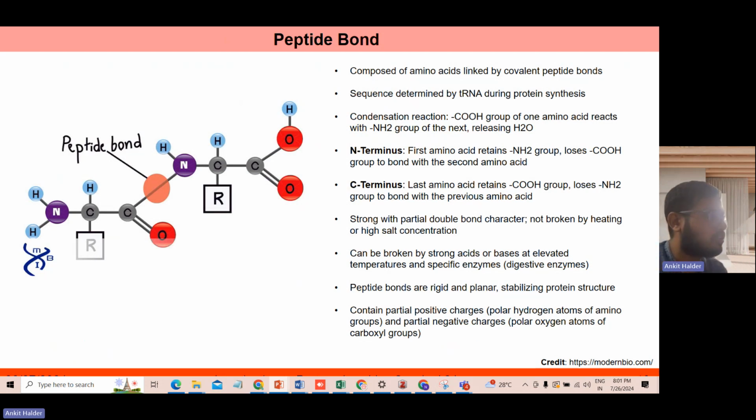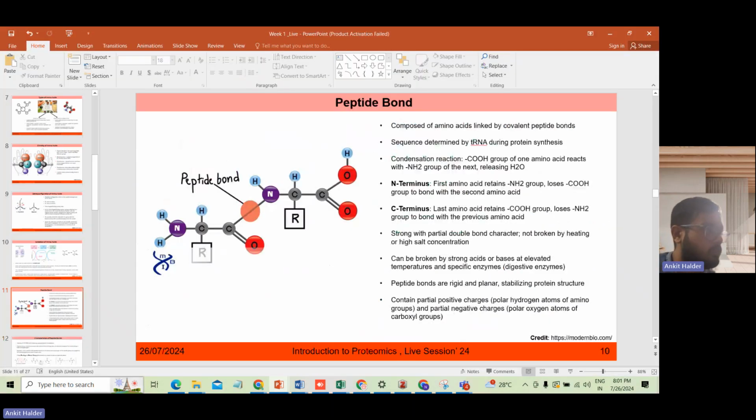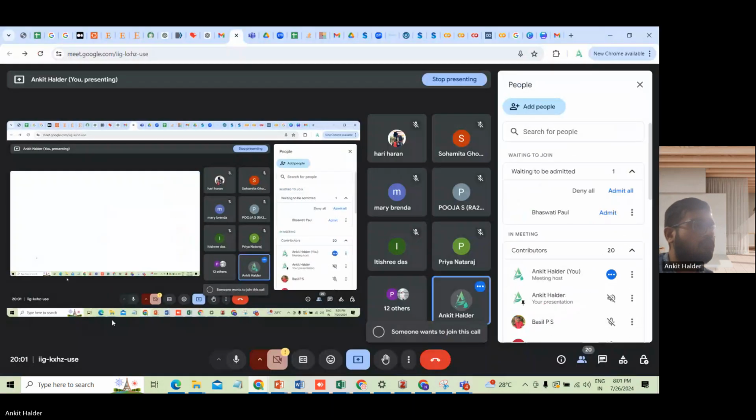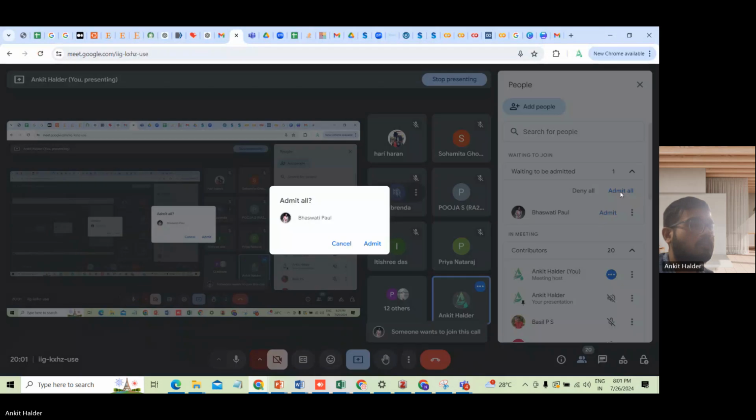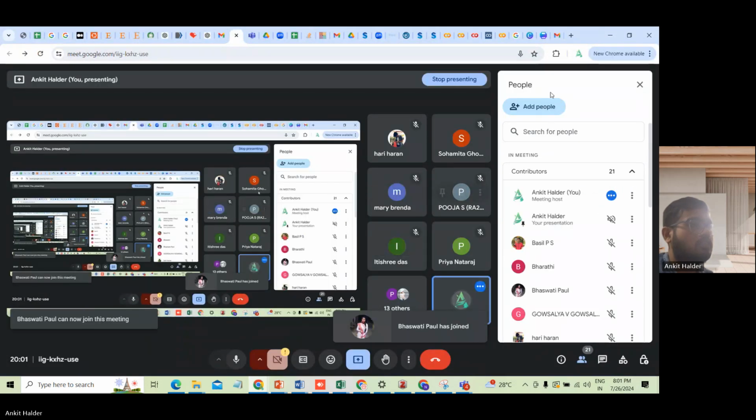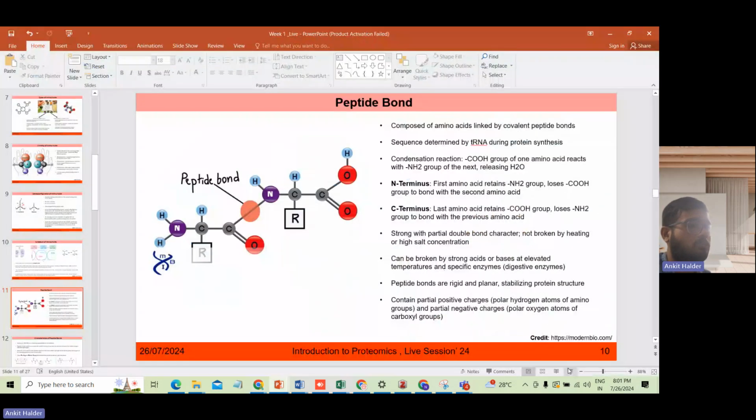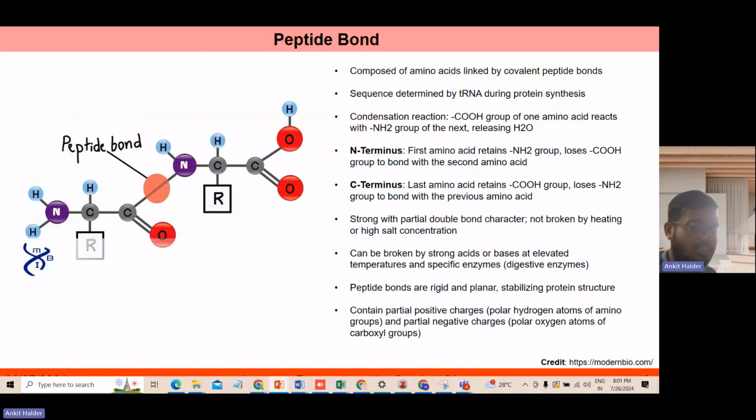So now we have talked all about amino acids, but we are in the course of proteomics. And we know that we are aiming to understand all the proteins in an organism, be it bacteria, virus, human being, monkey, chimpanzee, dog, anyone.